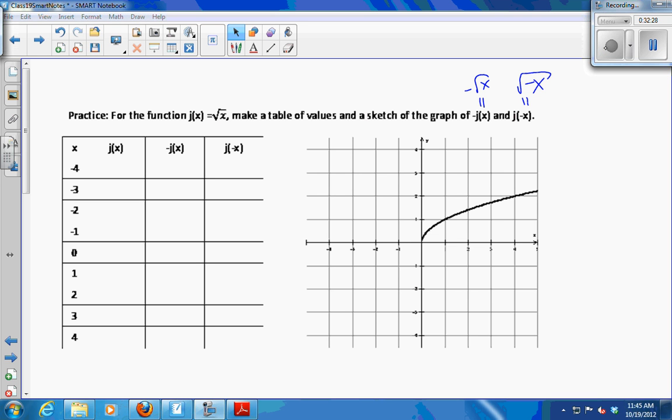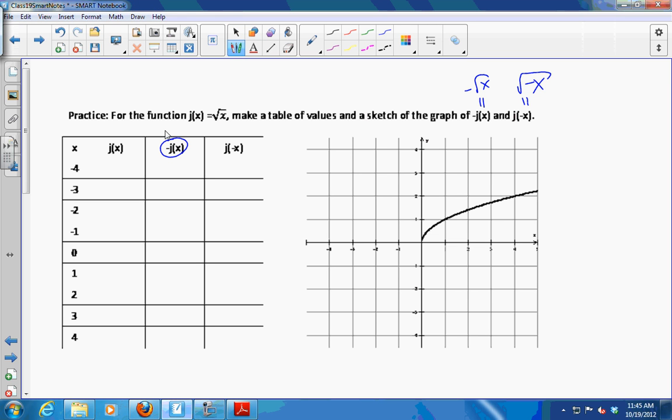All right, so negative j of x, when I look at this one, this should be a reflection over the x-axis, right? We said when you throw a negative out front, you reflect over the x-axis. So negative j of x would look like, reflect this thing over the x-axis, something like this.